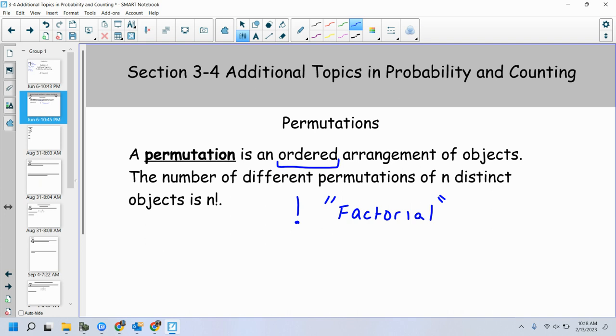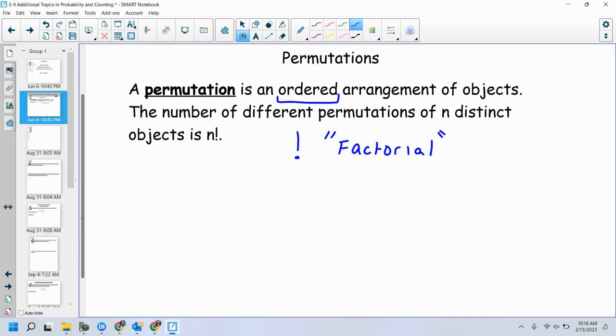So that factorial symbol is just basically a way to say that the n value times every integer below it. Or not integer, every whole number below it. Natural number below it. If I say whole number, it includes 0.